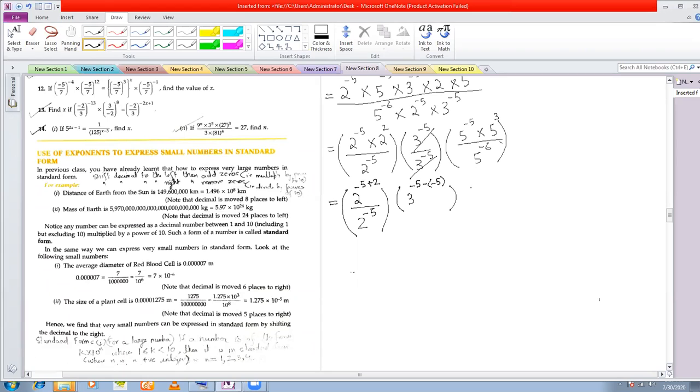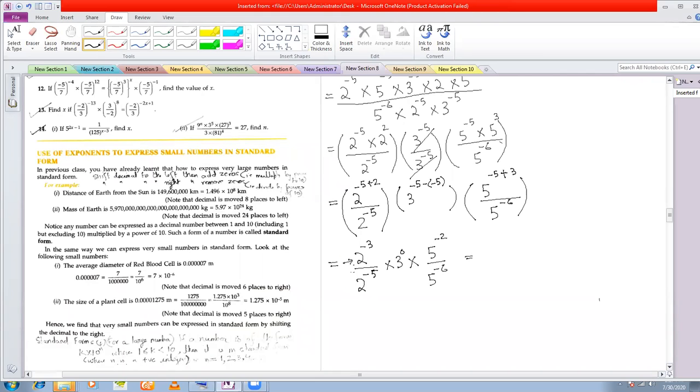And this is 5 to the power of minus 5 plus 3, divided by 5 to the power of minus 6. So this is 2 to the power of minus 3 divided by 2 to the power of minus 5, into 3 to the power of 0, into 5 to the power of minus 2 by 5 to the power of minus 6.